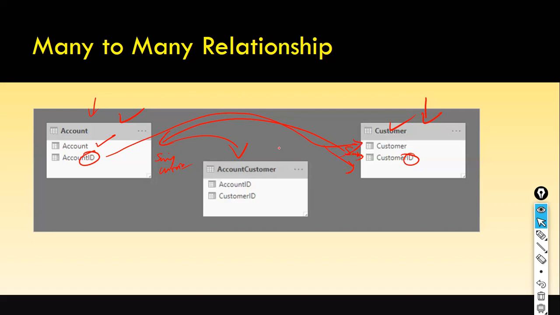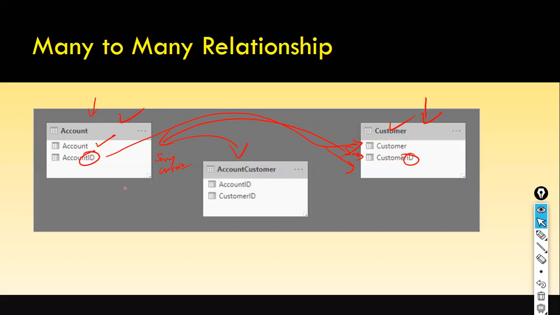What is the example for that? Each account can be held by two customers. Is it possible? Joint account. Husband and wife both having a single account, or mother and son having a single account. So a single account can have more than one customer, and each customer can have more than one account with the bank. This is a classic example of many-to-many relationship.